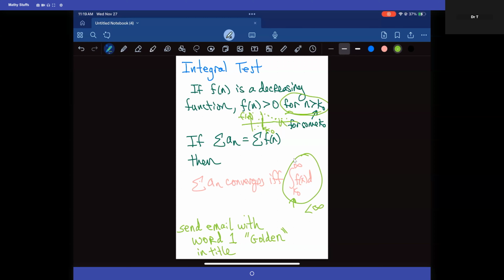So just thinking in terms of the area under that function that represents the nth term, if that area there is finite, then the sum is finite. So finite means converge. So if this integral is finite, aka converges, then this sum converges.